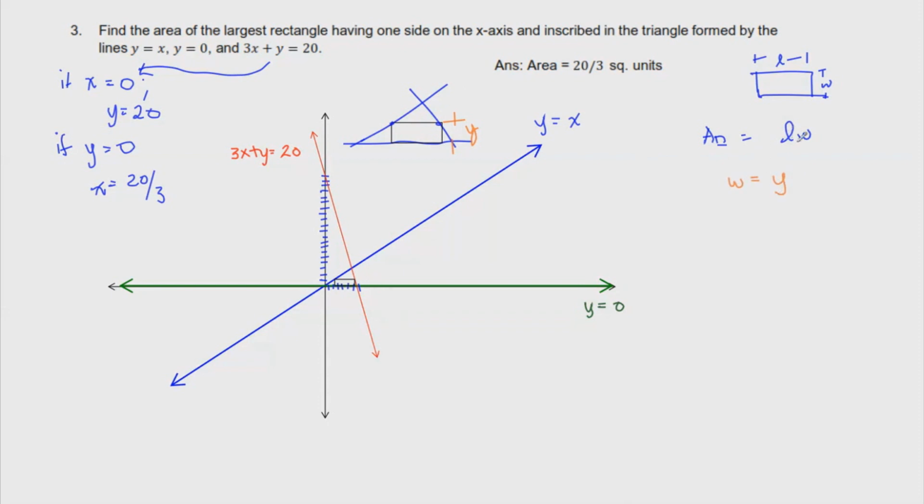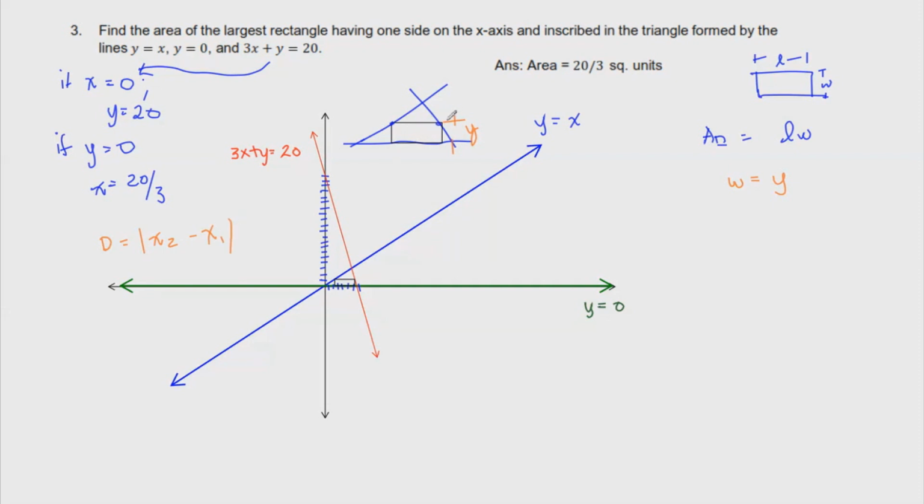But how about the length? So in this case, since I've related this W in terms of y, now I need to relate this L as a function of y. But we know that because our length is simply a horizontal segment, we can just say that the distance is simply the difference between x sub 2 and x sub 1.